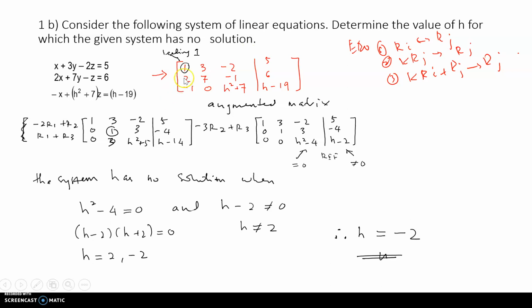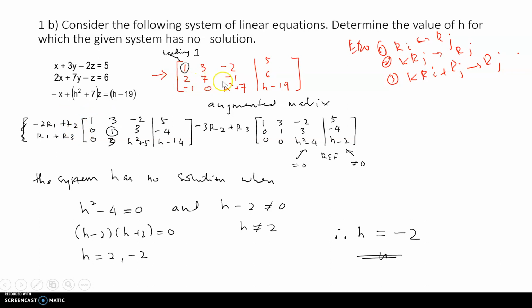Alright. So to zeroize the 2 and the negative 1, you should apply these formulas. Negative 2 multiply R1: the scalar negative 2 you multiply with R1. Why? Because R1 has the leading one. So you should multiply the scalar with the row that has the leading one, and then plus R2. Here the changes are in R2.